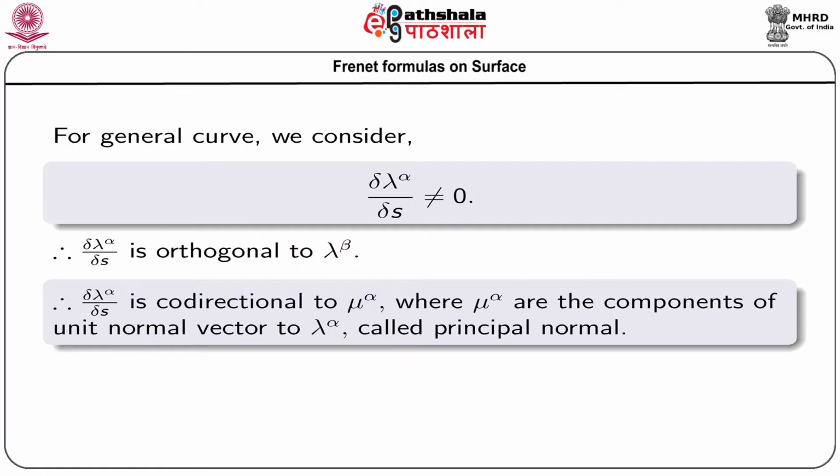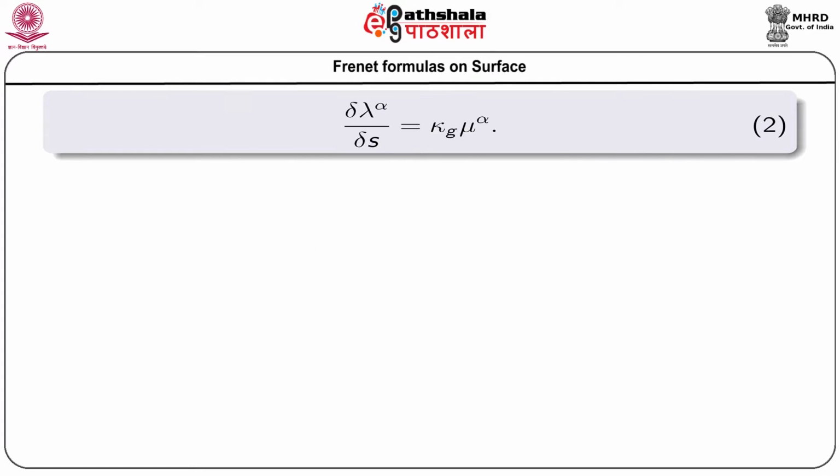So, mu alpha are unit vectors and they are normal to lambda alpha. Thus, we can write that del lambda alpha del s equals kappa g mu alpha.